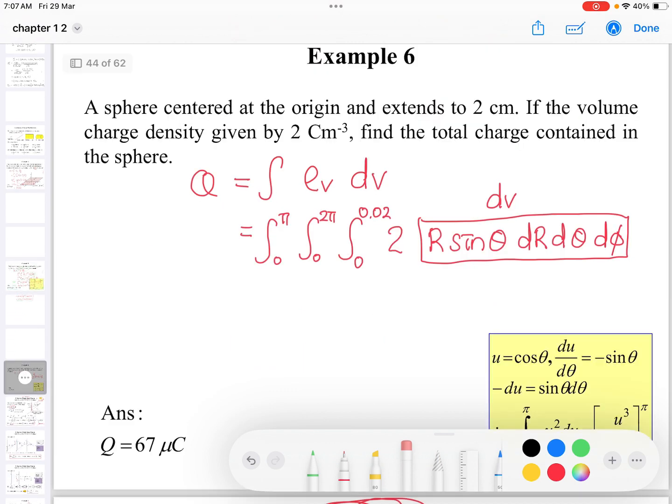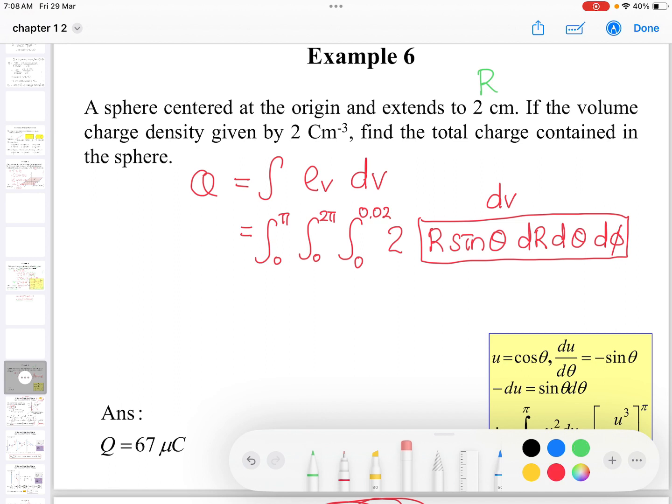Next, we go to example 6. This is about finding the Q as well. The sphere is centered at the origin and extends to 2 centimeters, so this is the R. In multivariable calculus, we use rho to represent it, but here we replace it with R so that you don't confuse it with the charge density.